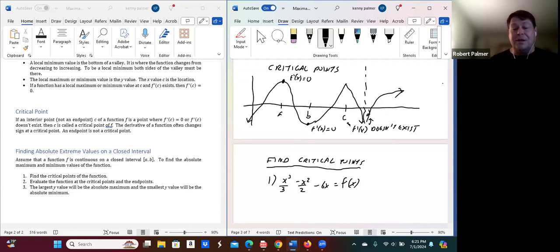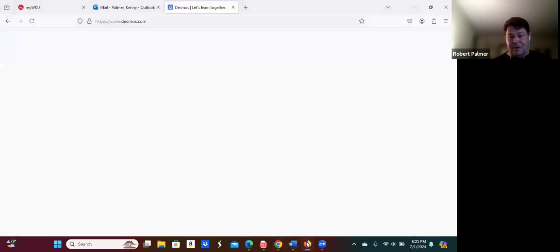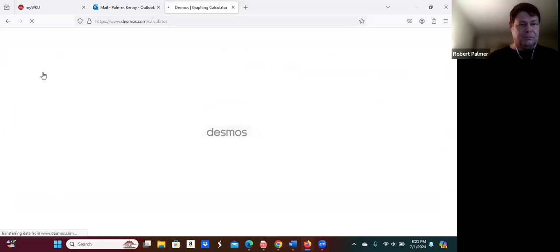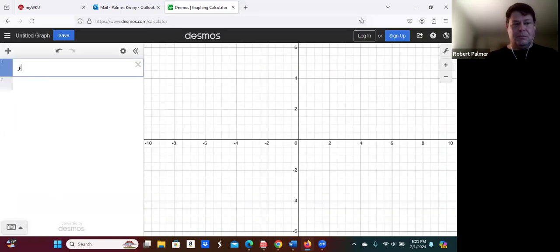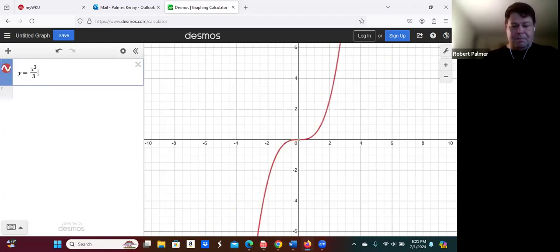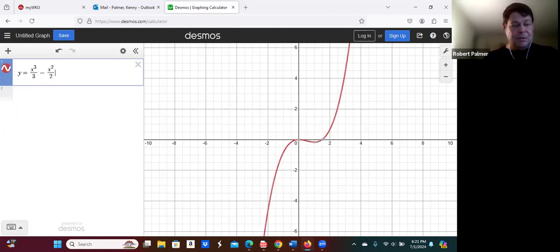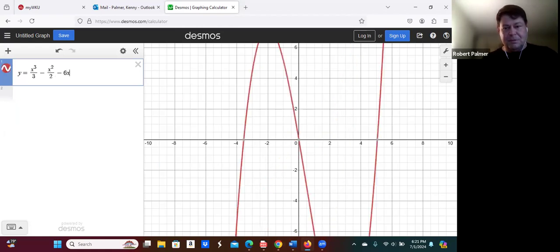Now, let's take a look at that on Desmos and get a feel of what it looks like. So x cubed divided by 3 minus x squared divided by 2, and then minus 6x.